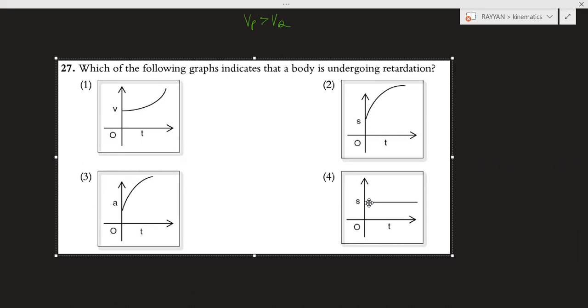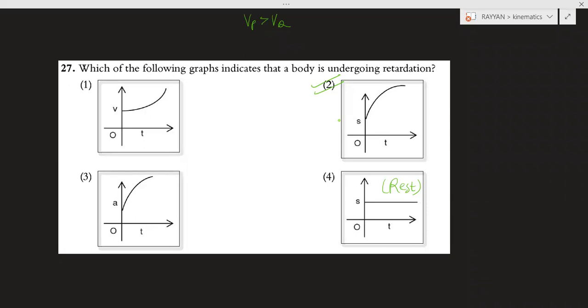Initially the body has done some displacement, you can see here, but after that the body is at rest. And if the body is at rest, then there will be no acceleration and no retardation, so option number 2 will be correct.